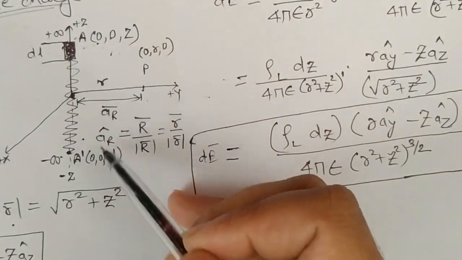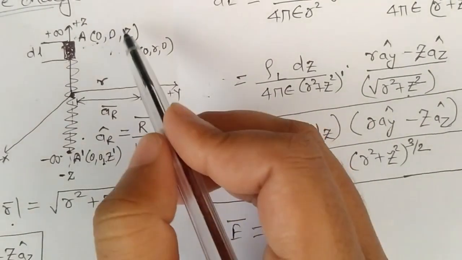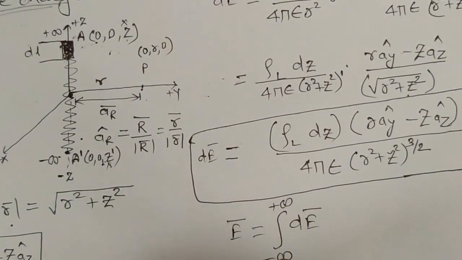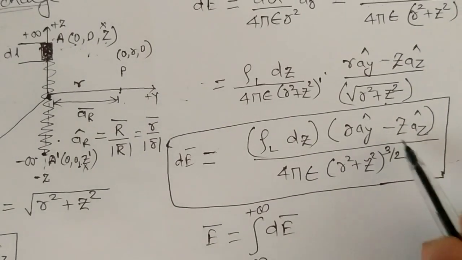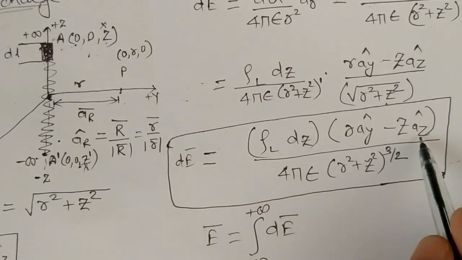This component and this component will cancel each other, nullifying the value of this Z. So this Z component will vanish.